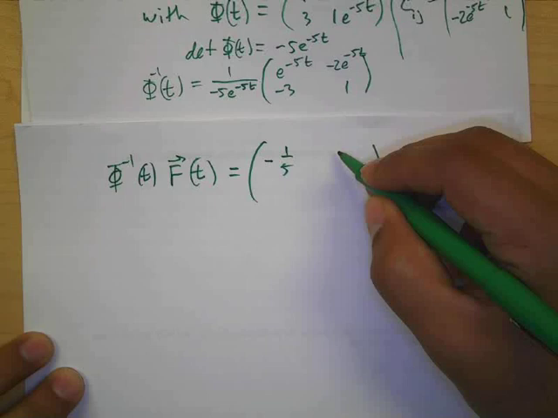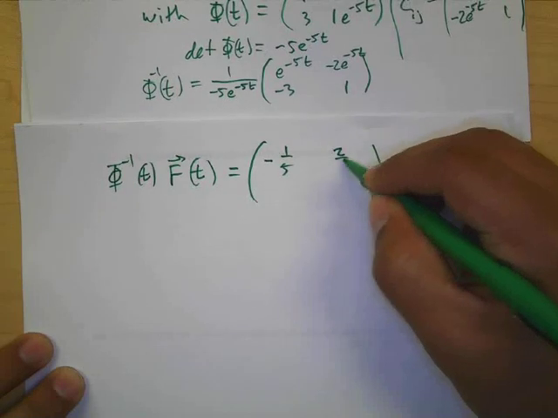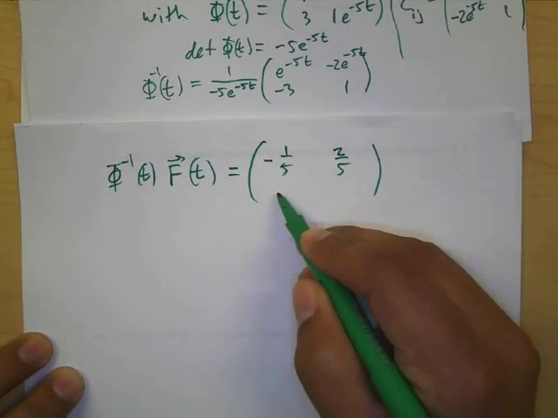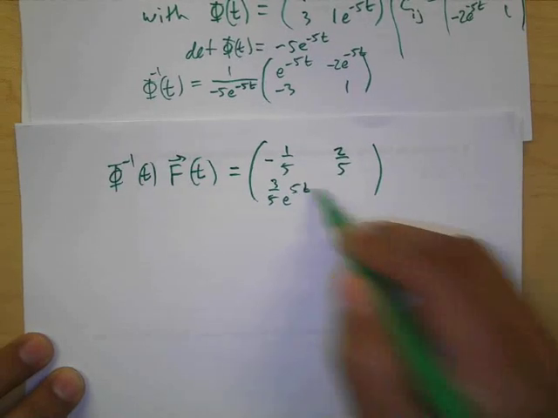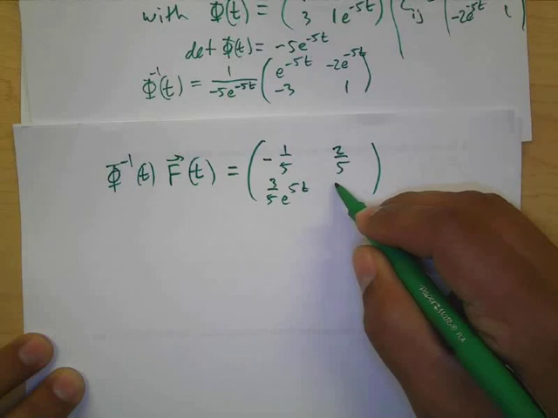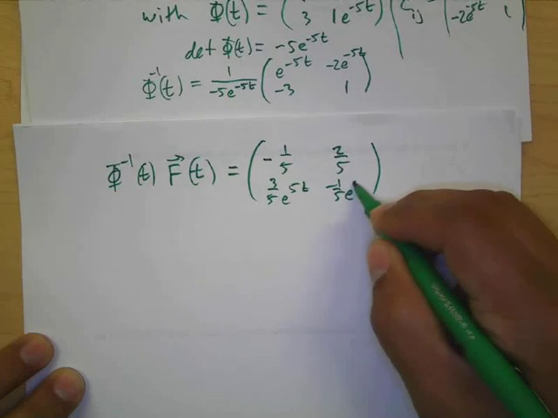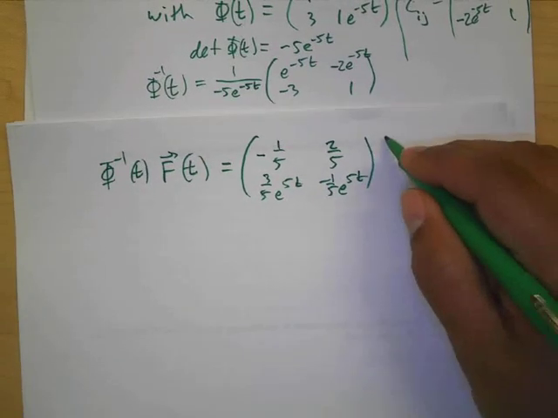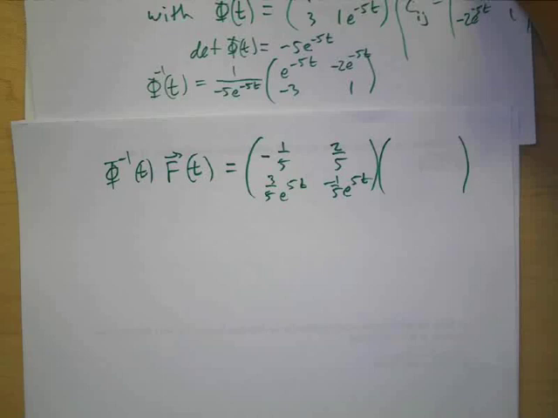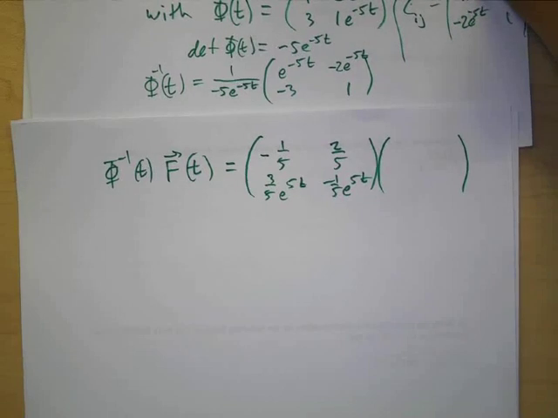And then here we have f of t, negative 1/5. Where'd the e to the negative 5t go?